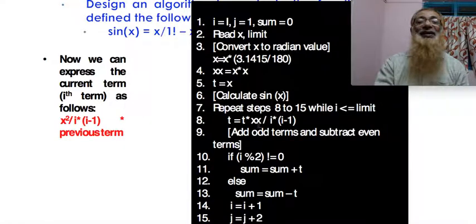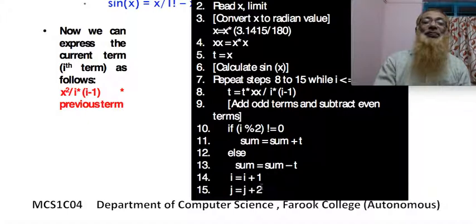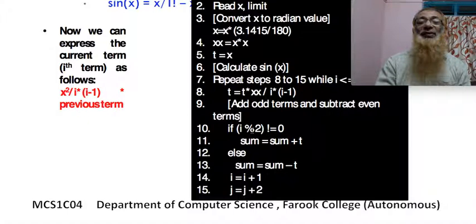In the first iteration, we will get the previous value as x. X will be multiplied with x square by I into I minus 1. This portion should be obvious to you now, because this exercise we have done earlier also.